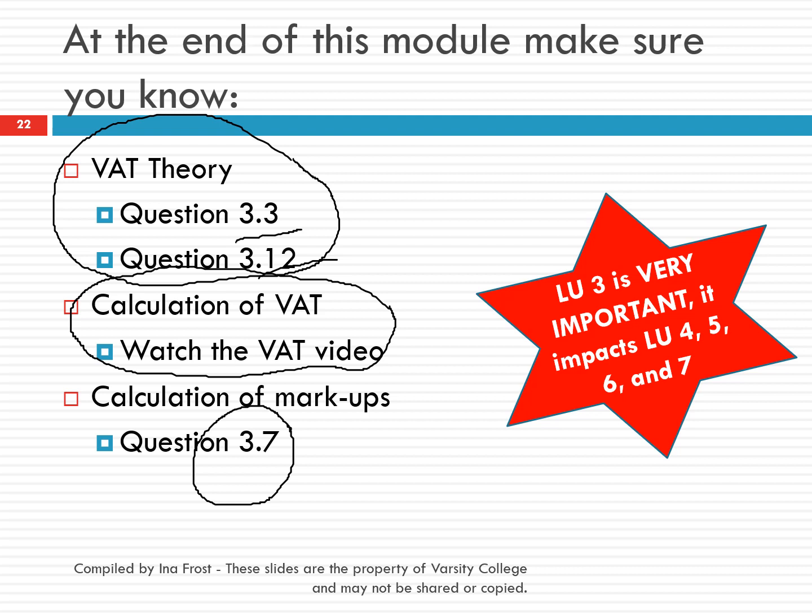And if you look at past papers, there are actually quite a few past papers where there was a question asked similar to question 3.8. So once you understand both VAT and markups, then go and try question 3.8 if you didn't do it in class, and make sure that you can then do a question where we combine both of these into one question.